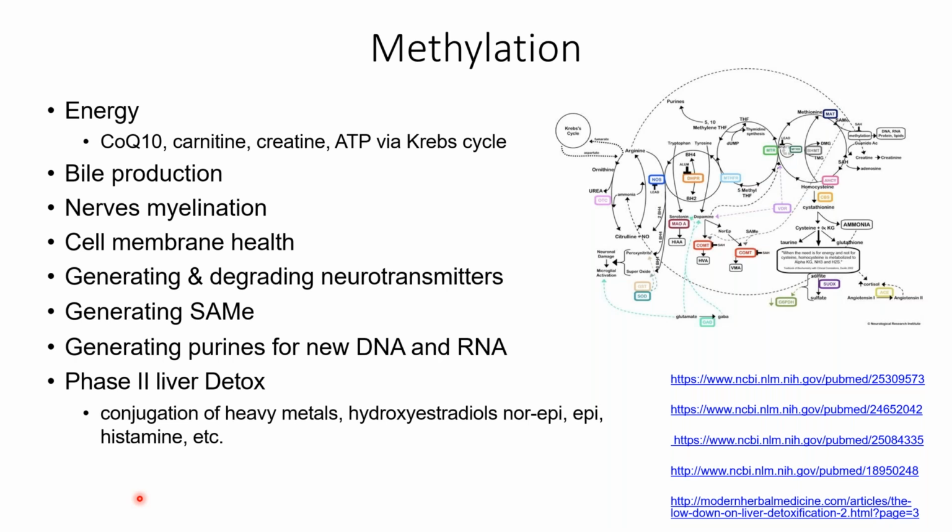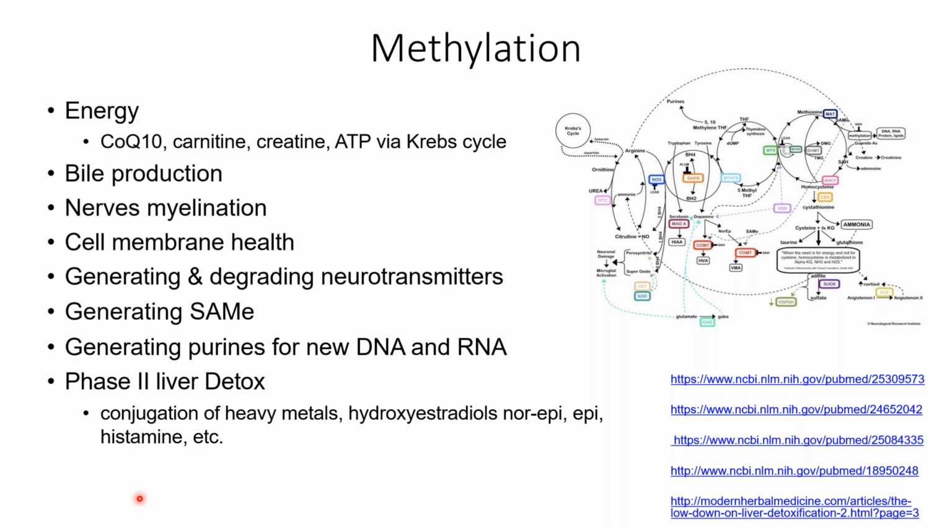We get a reduced bile production. Methylation is required for the myelination of the nerves. As we demyelinate, we get into some pretty serious neurodegenerative autoimmune conditions. Cell membrane health, generating and degrading neurotransmitters, generating SAMe as a natural MAO inhibitor.